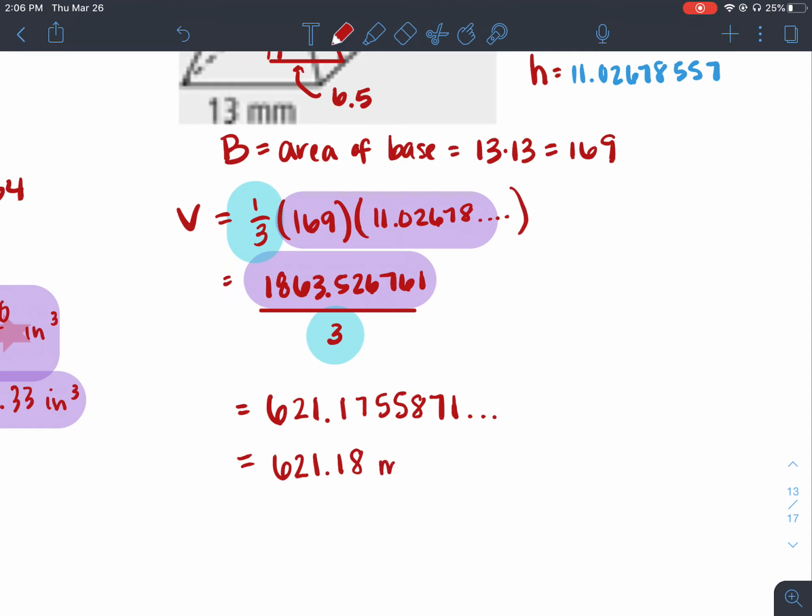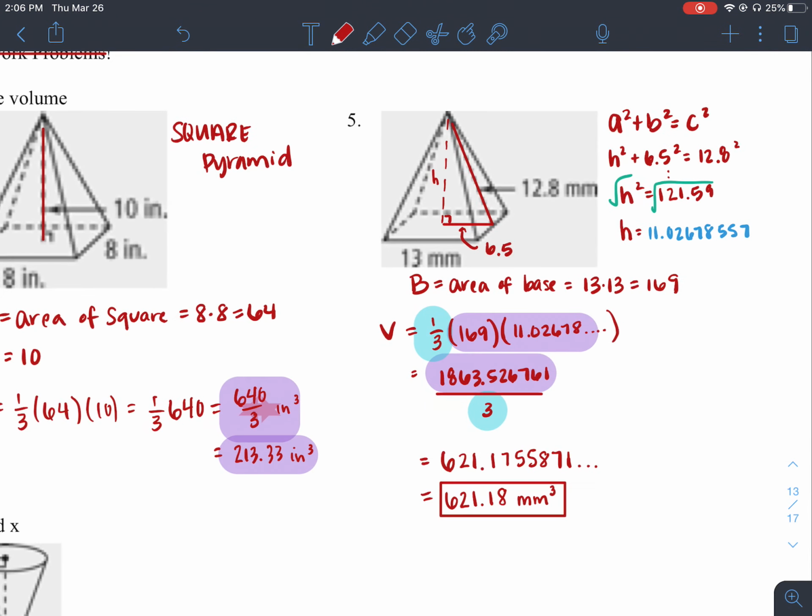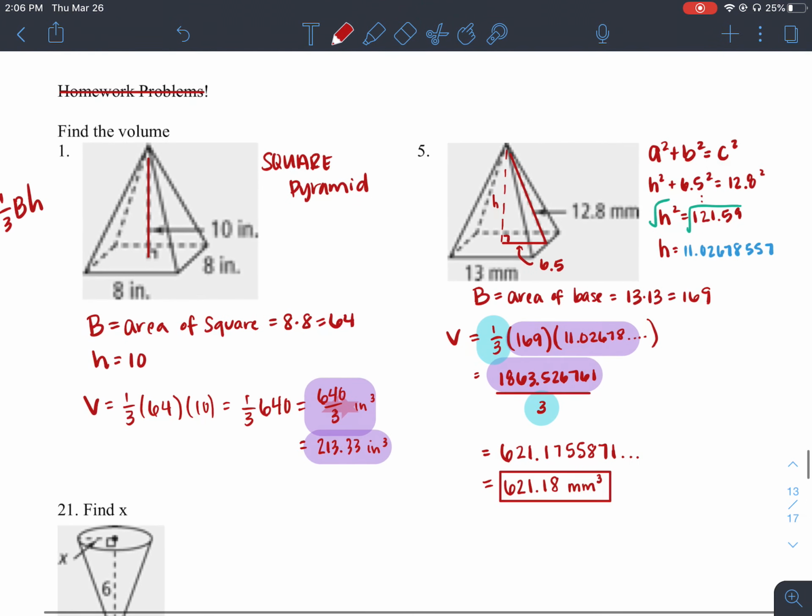And then we want to include our units, and this is volume, so millimeters cubed. That would be my final volume for that square pyramid.